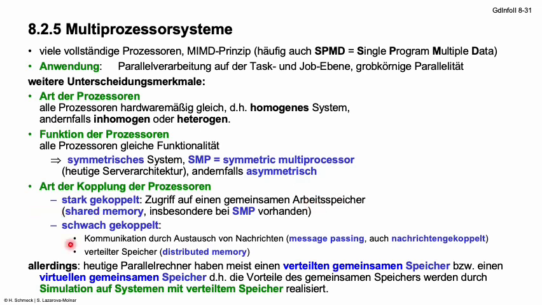But if the communication is through exchange of messages, like message passing, or they have distributed memory, then we talk about weakly coupled processors. However, today's parallel computers usually have distributed shared memory, or a virtual shared memory. That means that the advantages of the shared memory are realized through simulation on systems with distributed memory.